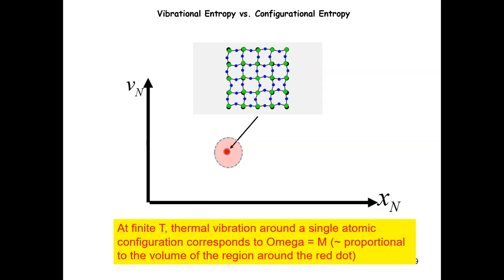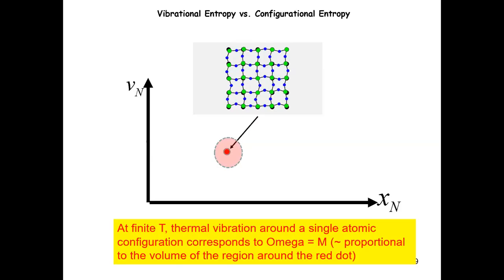Okay, so the contribution to the entropy comes from basically all the states accessible to this particular solid material, and those states are associated with vibration of atoms around a fixed crystal structure. So it corresponds to the volume of this small region centered around this red point. Okay, so that is for this particular picture.